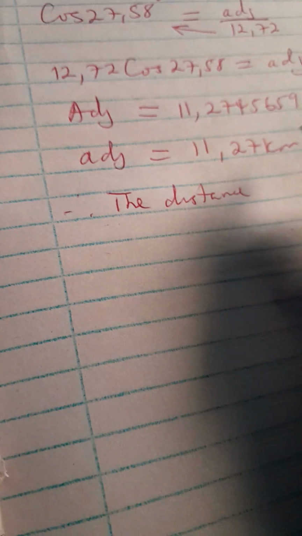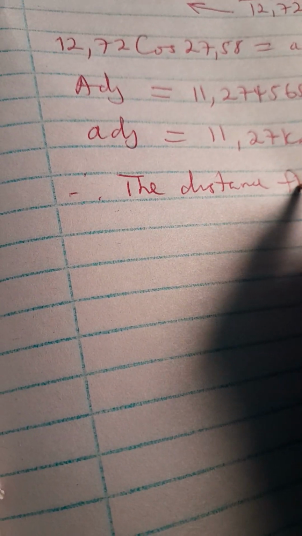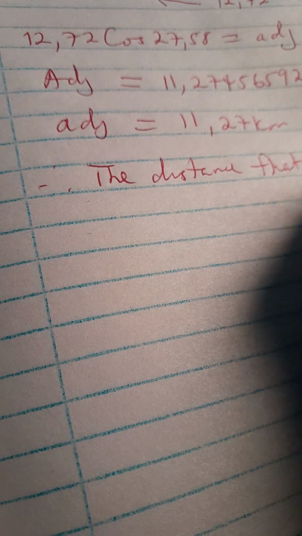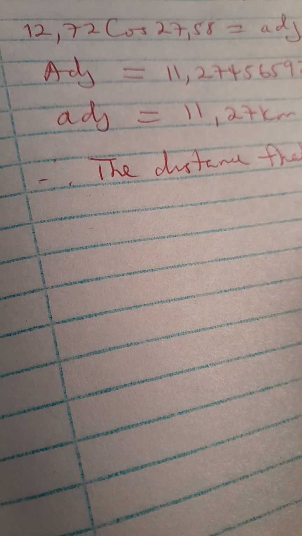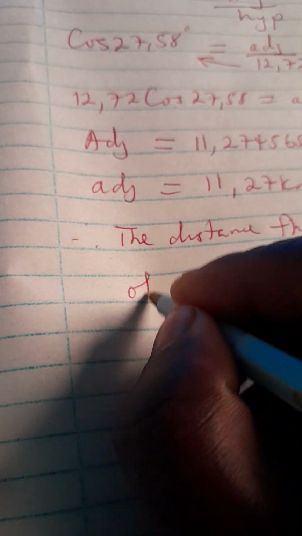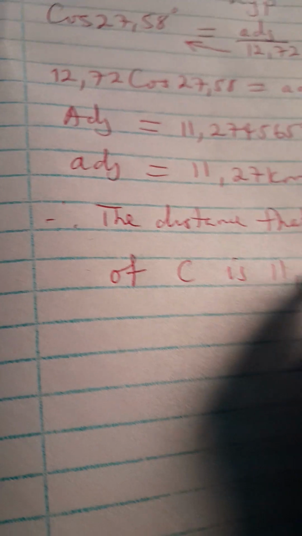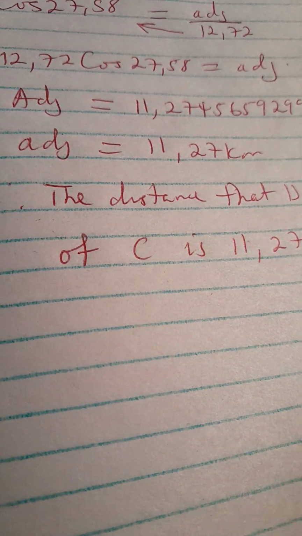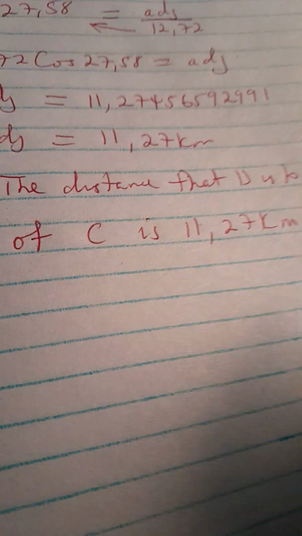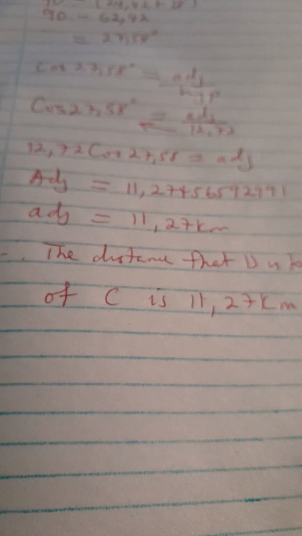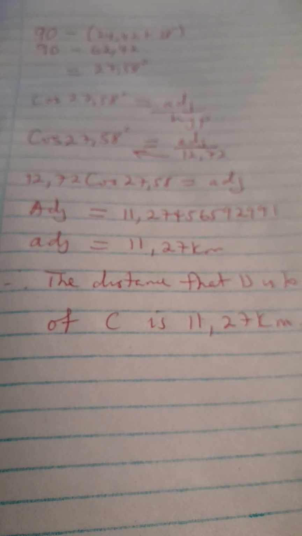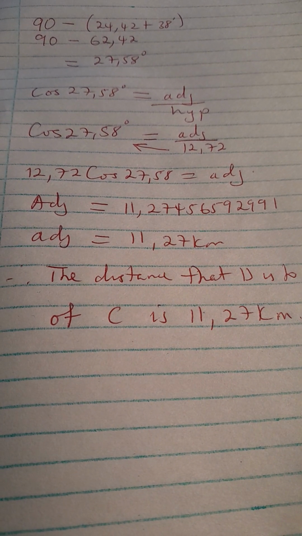Then you now say, therefore the distance that D is to the west of C is 11.27 kilometers. Fine, kilometers. And then if you do this, then you are good to go.